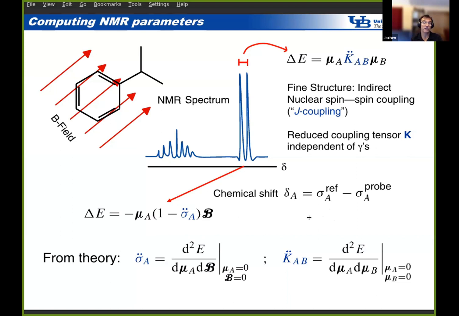But the fundamental variable underlying the chemical shift is the nuclear magnetic shielding, which is a rank 2 tensor written here with these two dots to indicate the tensor rank. Also, I guess this kind of notation is dear to me since I grew up in Germany.